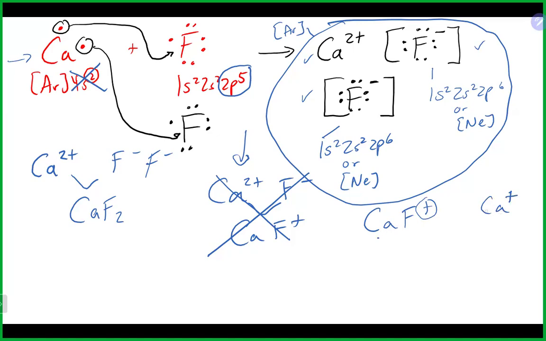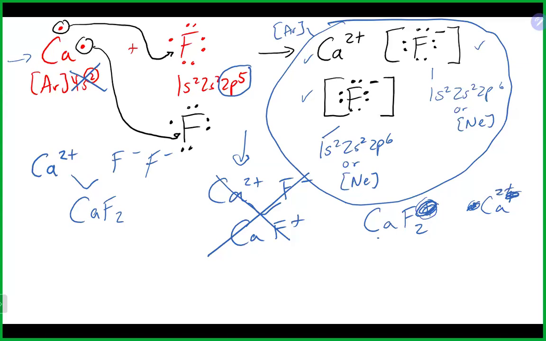That would mean it was only able to get rid of one of its electrons. It still has that one electron, and it would not be at noble gas configuration. It needs the extra fluorine there to get rid of that extra valence electron and get down to a +2 charge and back to noble gas configuration.